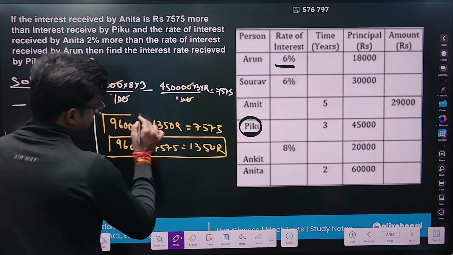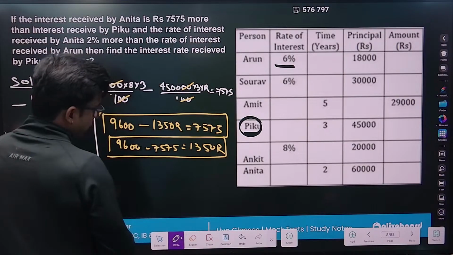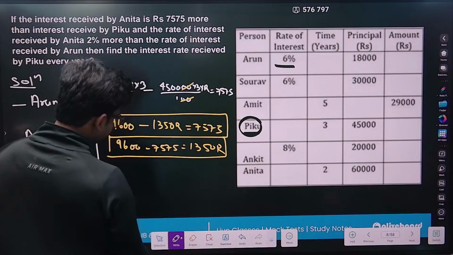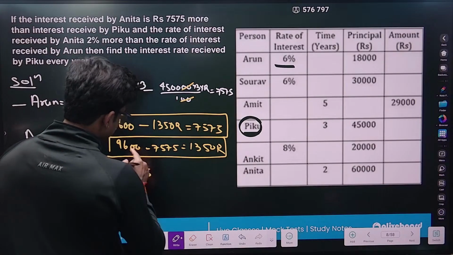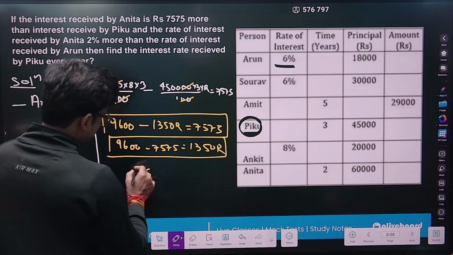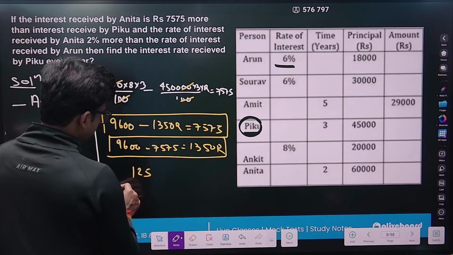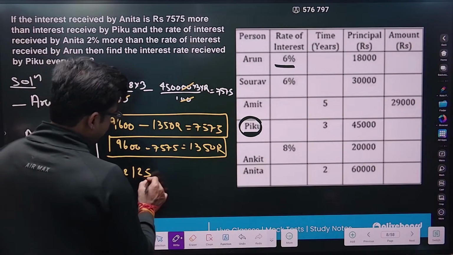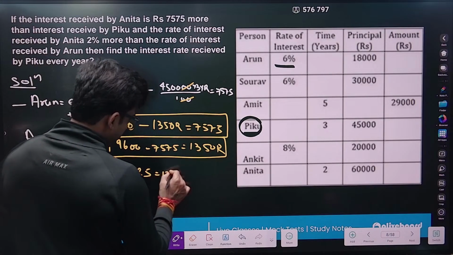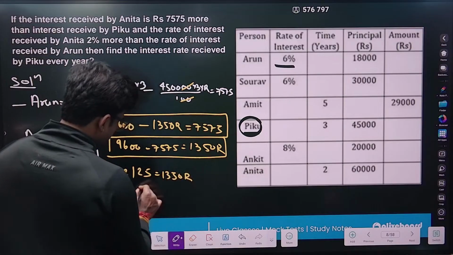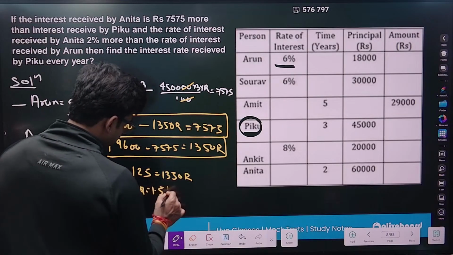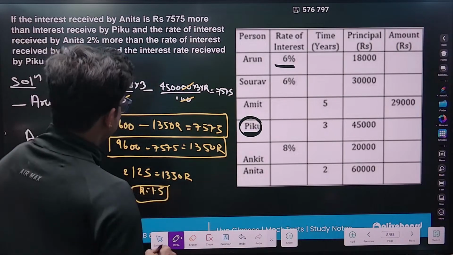So from here, 2025 divided by 1350 gives R. So the value of R is basically 1.5. R is what they are asking.